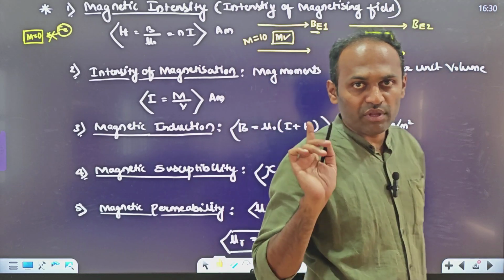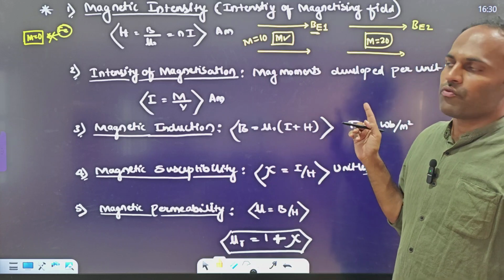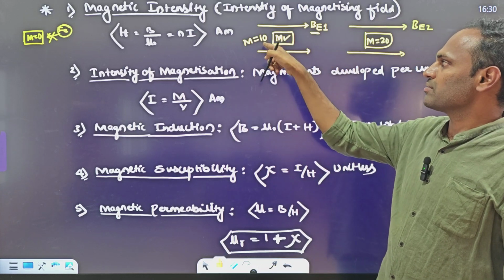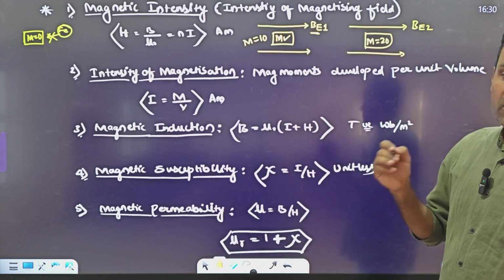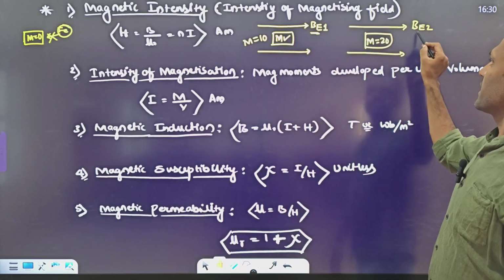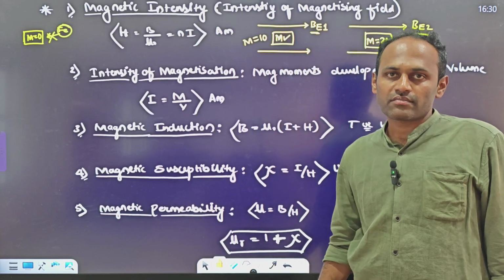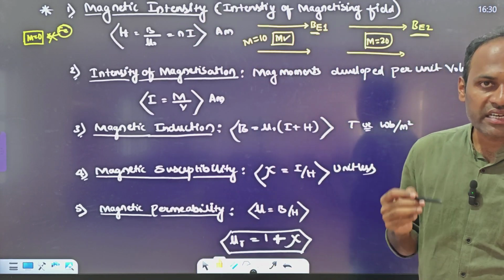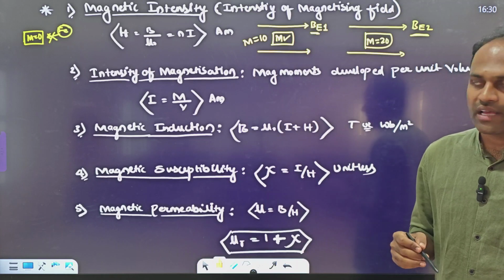The material is the same, but we changed the field. In the first field, how many magnetic moments developed? 10 units. In the second field, 20 units. So which is the stronger field here? The second field is the stronger field. How do we get to know that? By magnetic intensity. So magnetic intensity tells us about the field, how strongly it can magnetize the material.